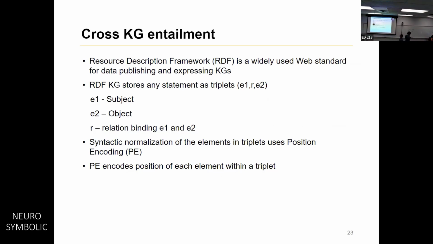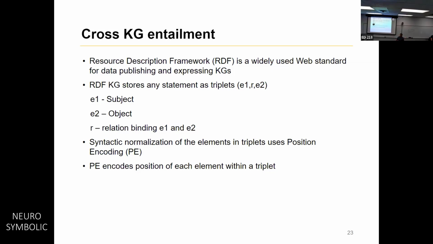So the main purpose the authors want is to develop a model which can be used for transfer learning on other databases, other KGs, to see how it can be generalized over different needs. The framework they are using is the Resource Description Framework, RDF, which is a form of representing knowledge graphs.